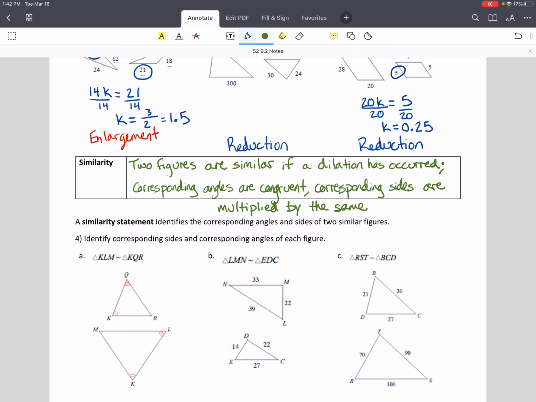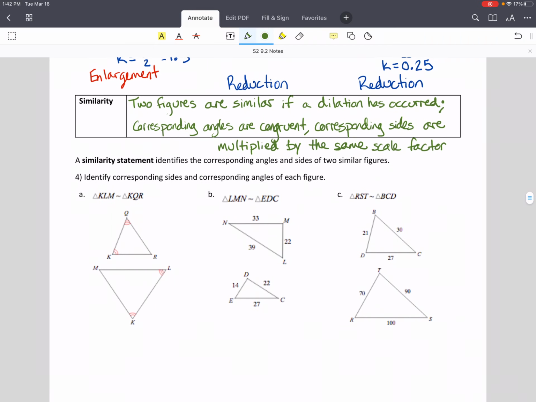And then corresponding sides are multiplied by the same scale factor, meaning that every length in the triangle or in the rectangle or whatever has been multiplied by the same scale factor. And that's our idea of similarity.